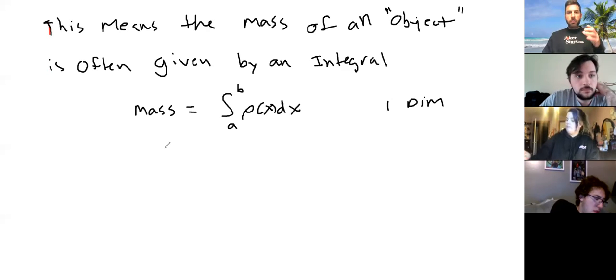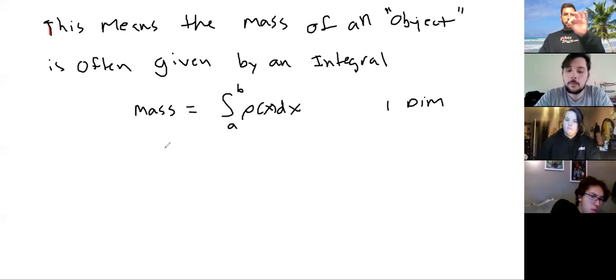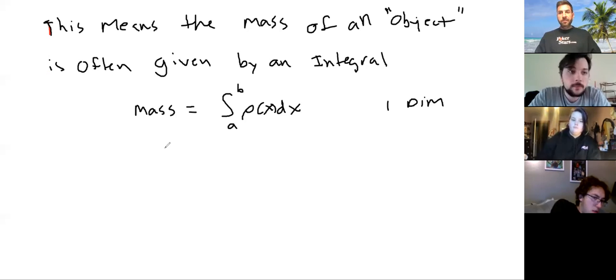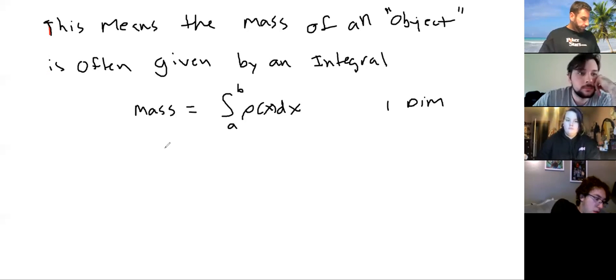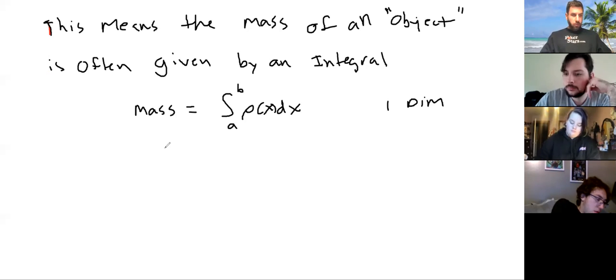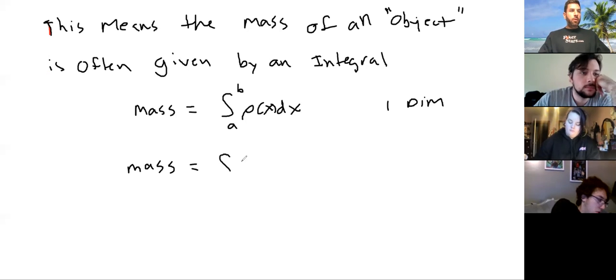So what do you envision as a one-dimensional object? Imagine a thin line, like a wire, or perhaps a metal rod that's non-uniform. Okay, so in two dimensions, what is mass? Well, in two dimensions, the mass would be a double integral.